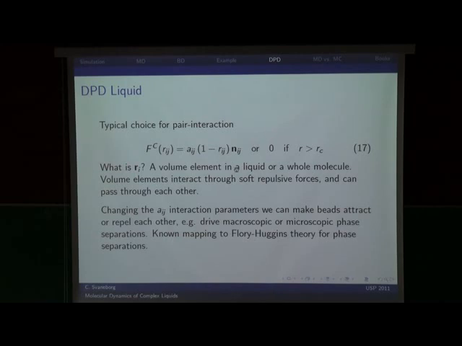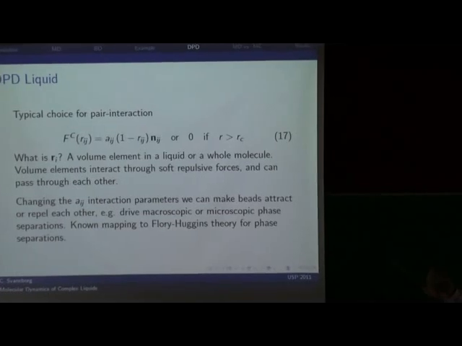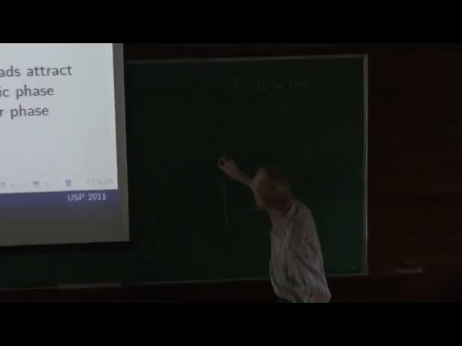And finally, the typical choice for the pair interaction is just to take a certain interaction at the distance. Well, let me draw it. What it looks like is like this. We have it cut off at a certain distance. We have a certain interaction Aij at distance 0, and it just cuts off.